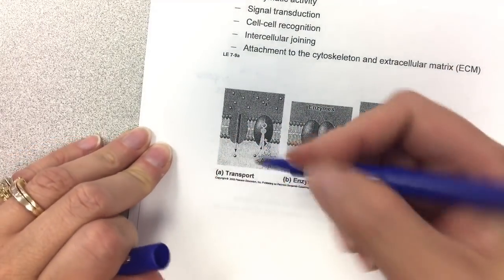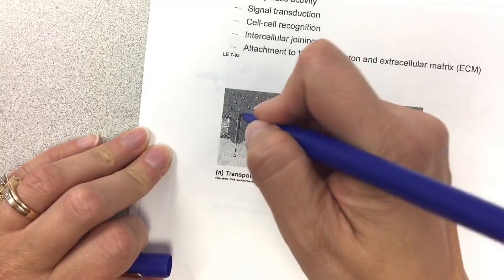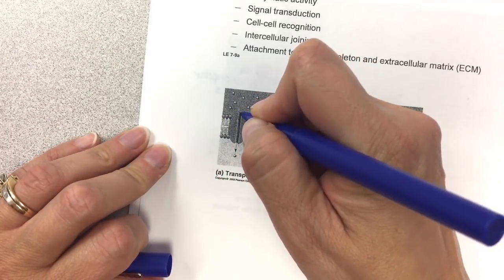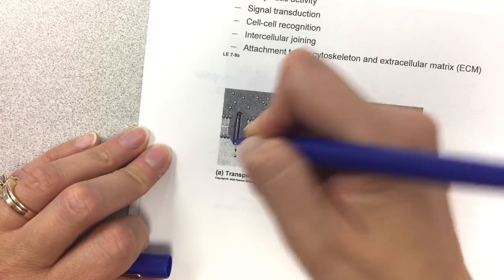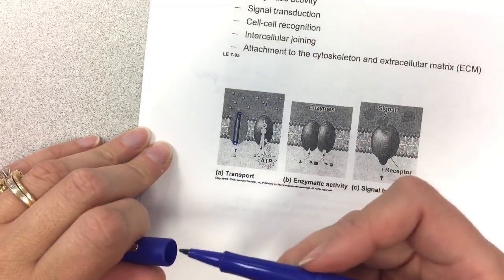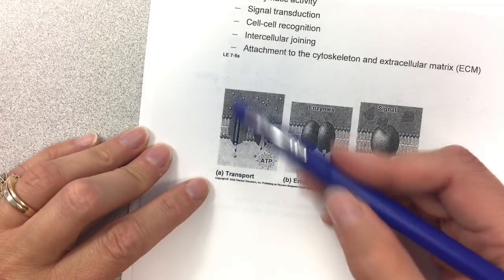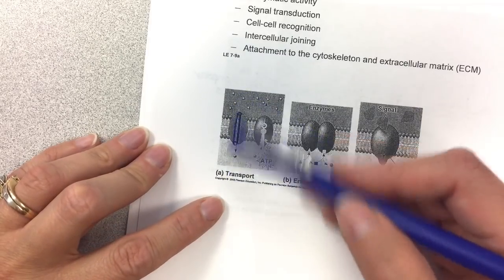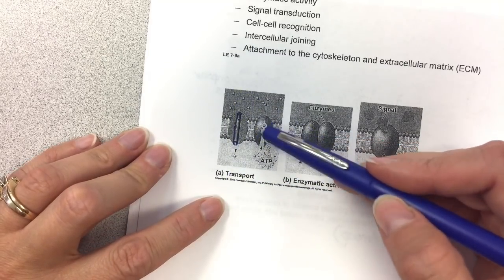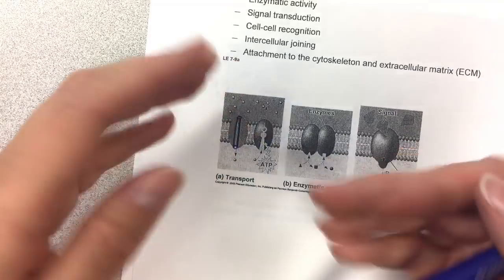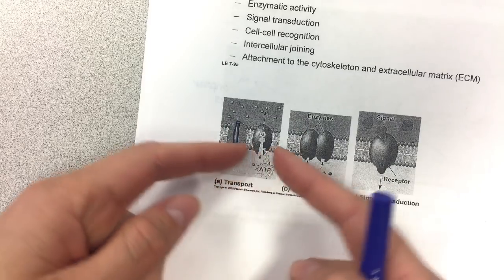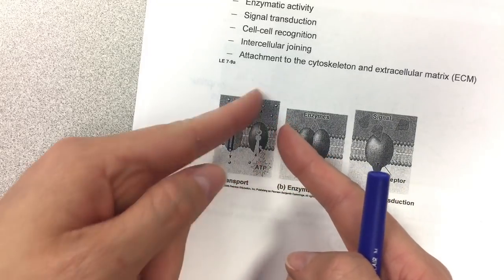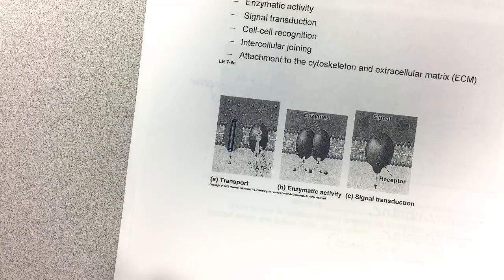As I talked about in last chapter's notes, some of these proteins have a tunnel through them that allow molecules to go into and out of the cell. Some actually carry them. The protein actually changes shape, so you can imagine this side closes and this side opens up and allows molecules to go through. So that's both involved in transport.